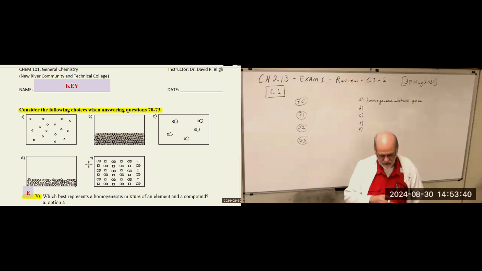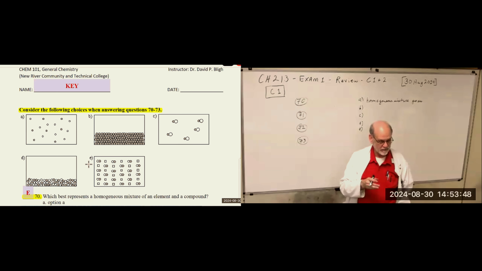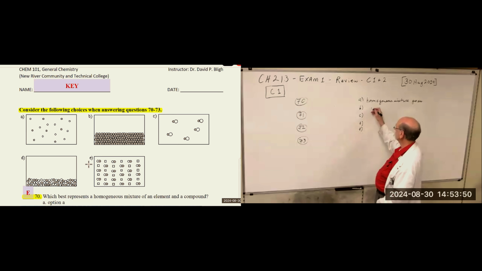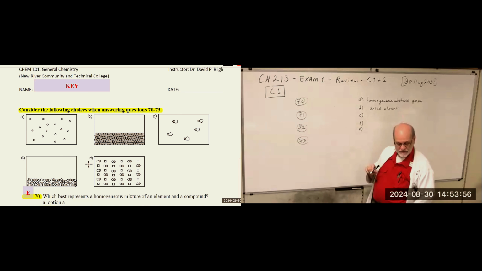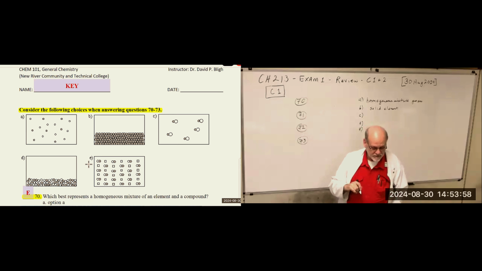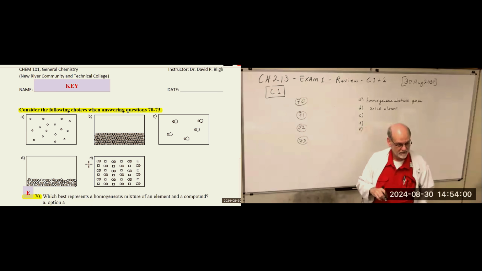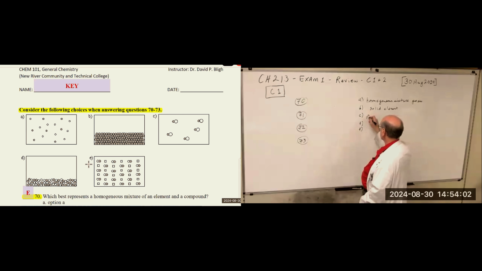B is a pure element, right? It looks like it's regularly arranged in its structure. That's a solid element. C is another gas, only this time it's a gas of a compound, right? It's a pure compound gas.